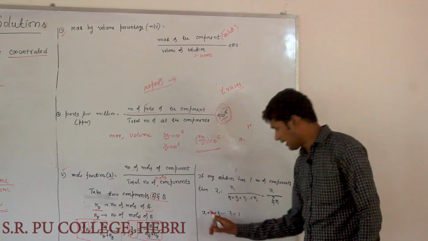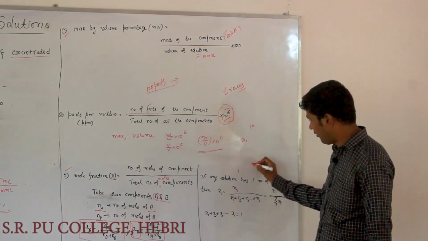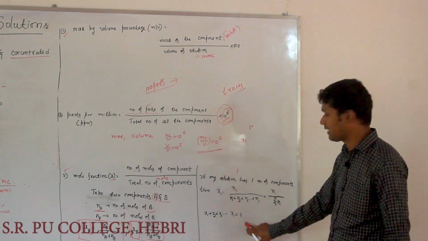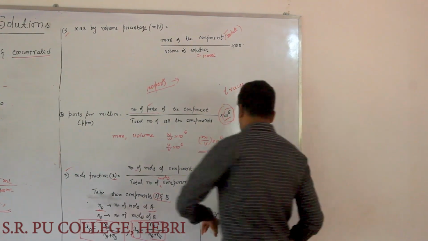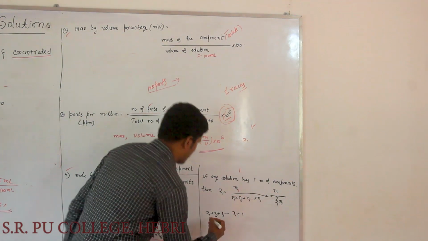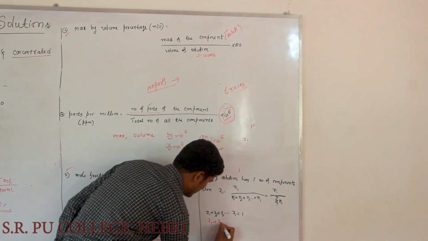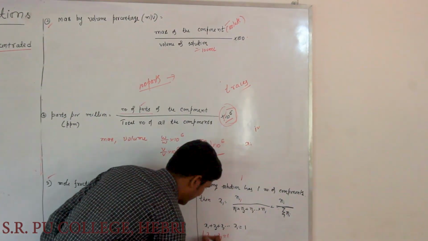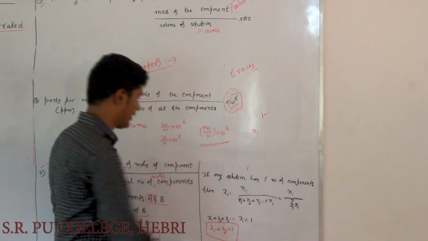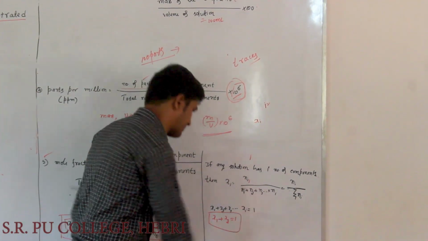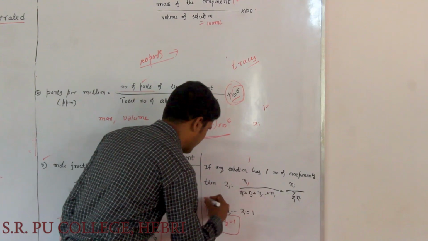Understood? The last thing is that the sum of the mole fractions of all the components in the solution is always equal to 1. It may have i number of components, or sometimes only two components, 1 and 2. So x1 plus x2 is equal to 1, always. If it has i number of components, then x1 plus x2 plus x3 up to x i is equal to 1.